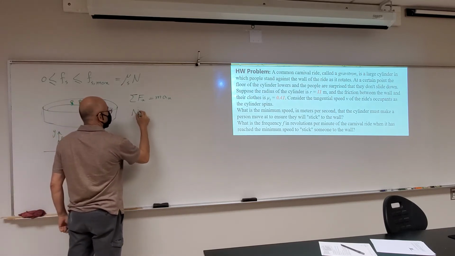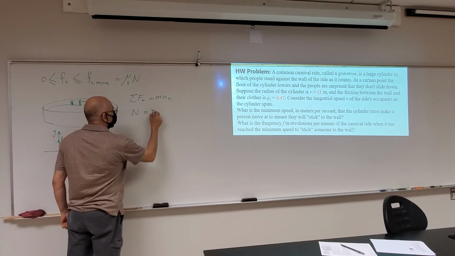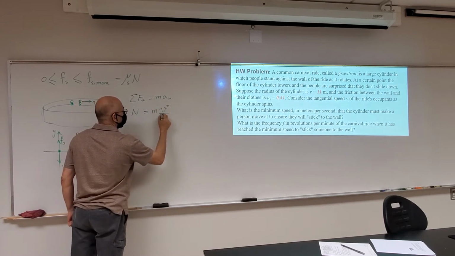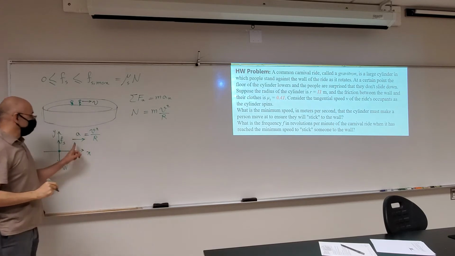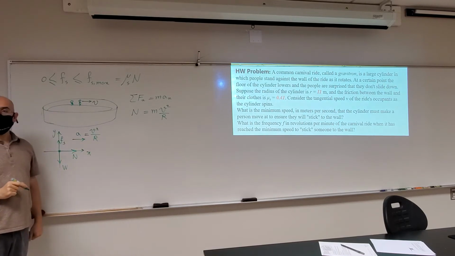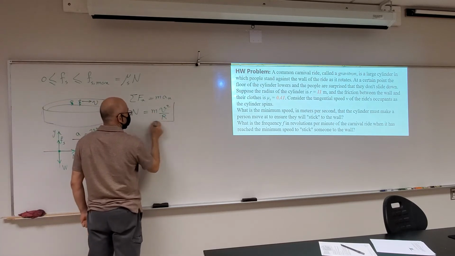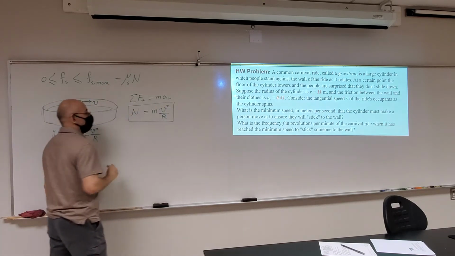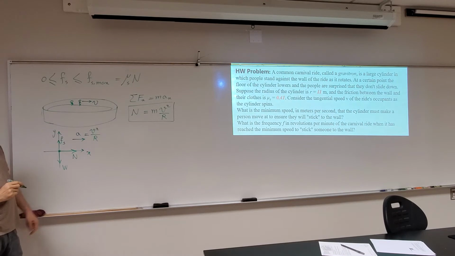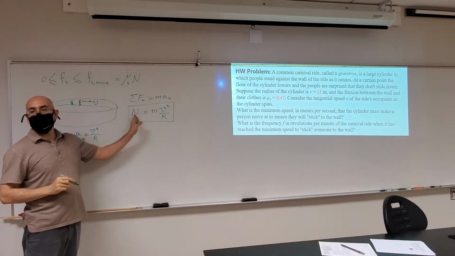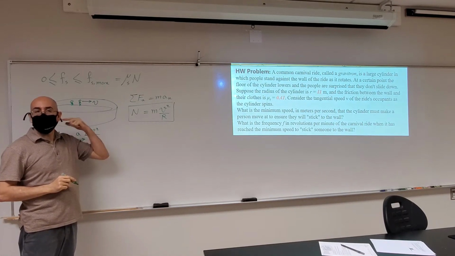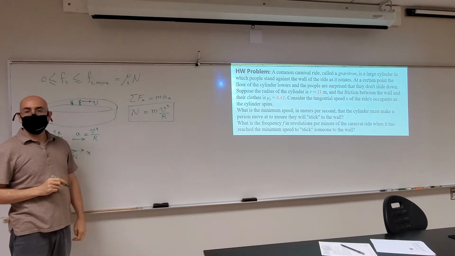So the normal force equals m v squared over r, where the magnitude of a is v squared over r. And we want to find v. Do we know N? No. So you cannot find v yet.